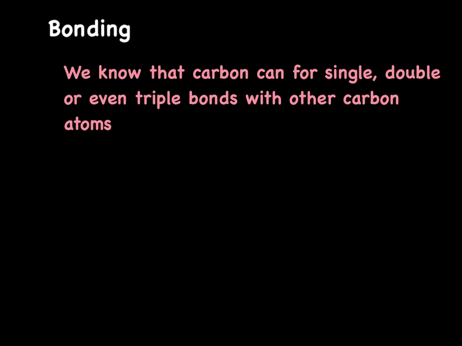Again, as I've said, we know that carbon can form single, double, or even triple bonds with other carbon atoms. Now, in the compounds we are dealing with, we are only supposed to know the naming for if they have 1 double or 1 triple, and how that affects the naming.